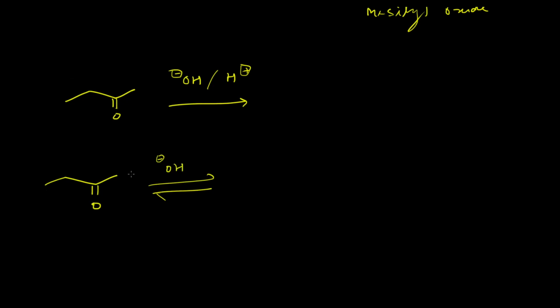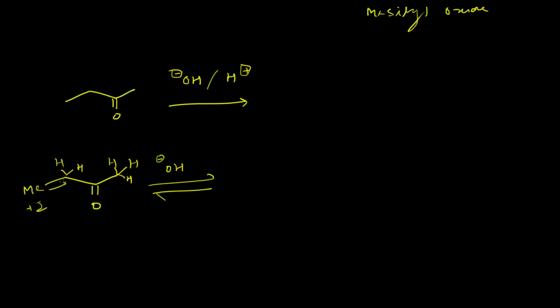In base catalyzed aldol reaction, the first step is the enolization step, but here two different types of alpha hydrogens are present. These 3 hydrogens of this methyl group and these 2 hydrogens of this CH2 group. So these are the 2 types of different alpha hydrogens. We have to consider their acidity, and then we can say which hydrogen will be abstracted by this OH minus. Here you can see that a methyl group is present which has a plus I effect.